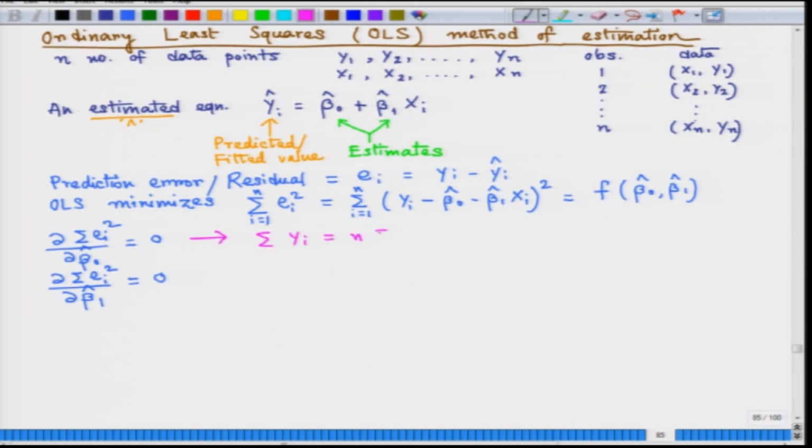Here the sum ranges from i equal to 1 to n. Just to have a less cluttered expression, I am avoiding the sum range. So, this is one equation, and the first order condition leads to another equation.